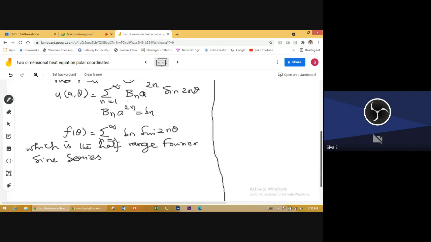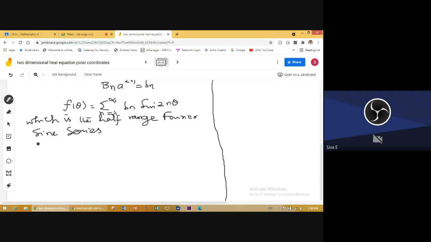Bn equal to 2 by L, 0 to L, f of theta sin n pi theta by L d theta. But what is L here? Length is pi by 2, so 0 less than theta less than pi by 2. In the place of L, you have to substitute pi by 2. That means 2 by pi by 2, 0 to pi by 2.